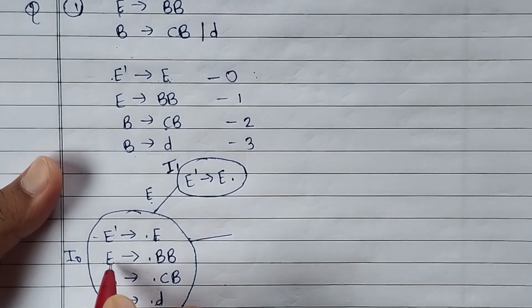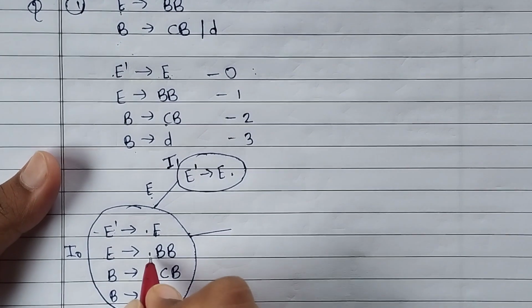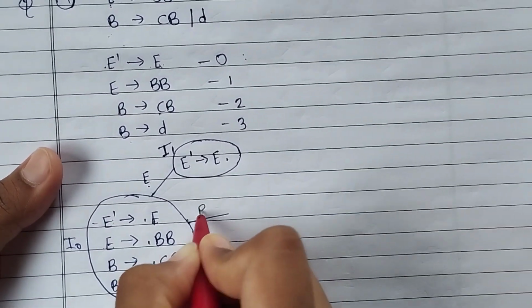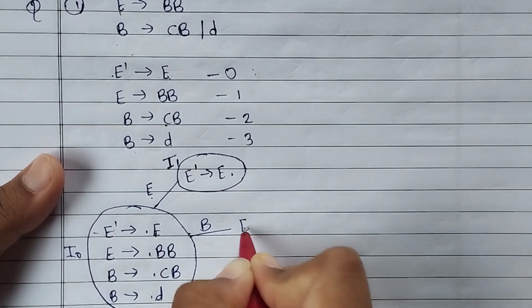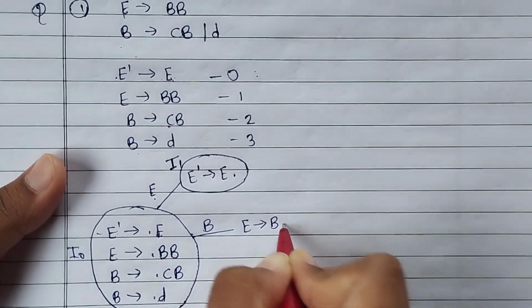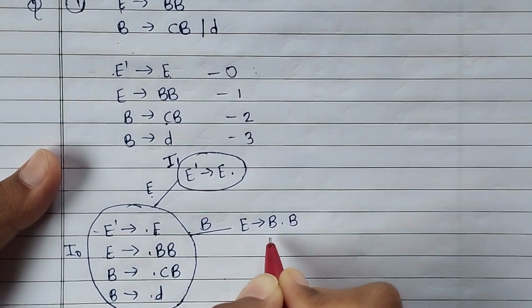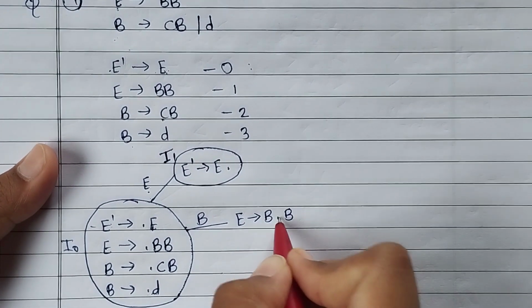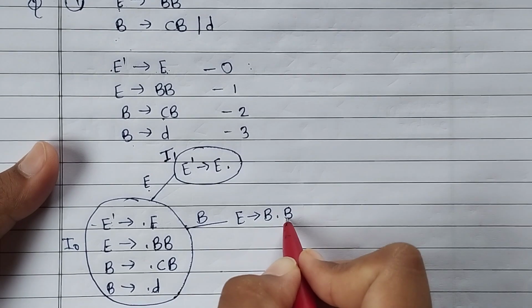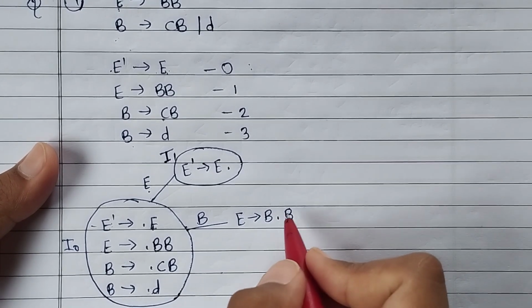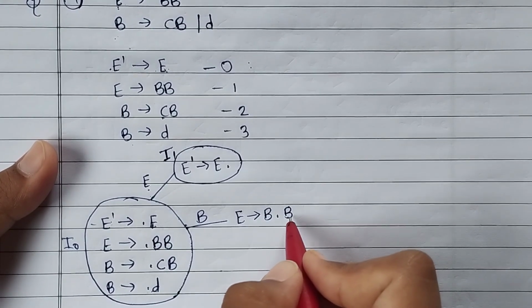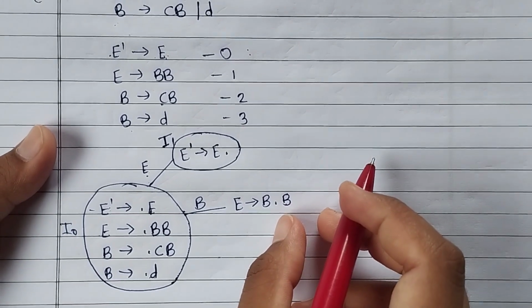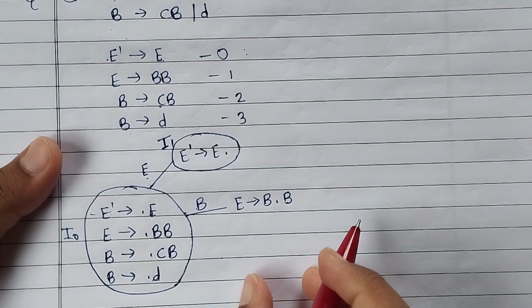Now we move to E → .BB. We shift the dot with respect to B, so we write B here, and E → B.B. We only change the position of the dot by one. Now this dot is followed by B, which is a non-terminal. If the dot is followed by a non-terminal, then all the grammar of that non-terminal is written below.